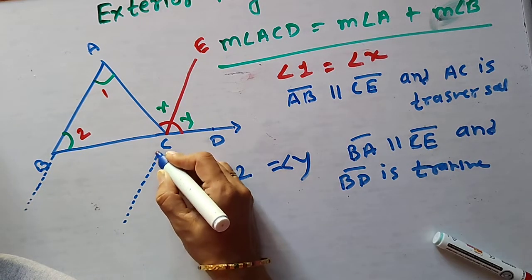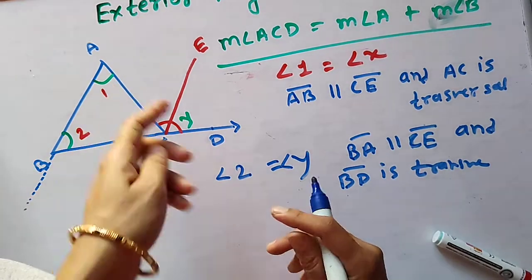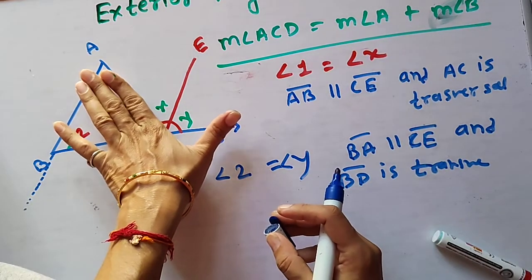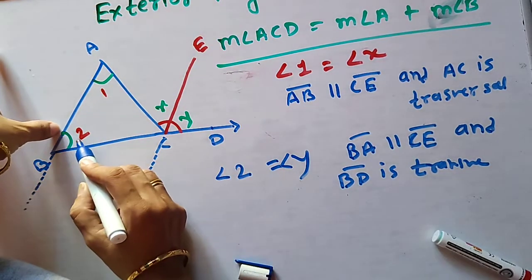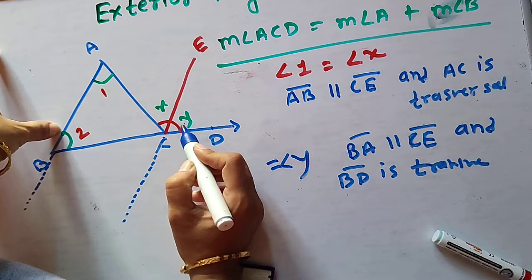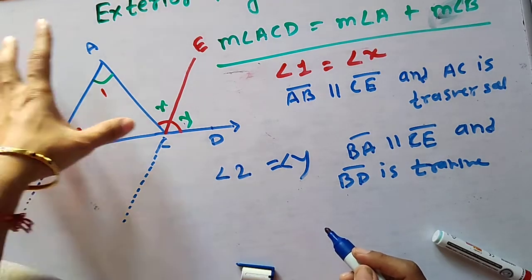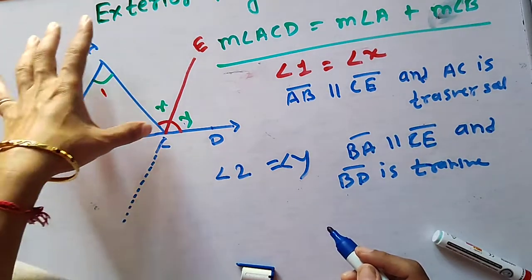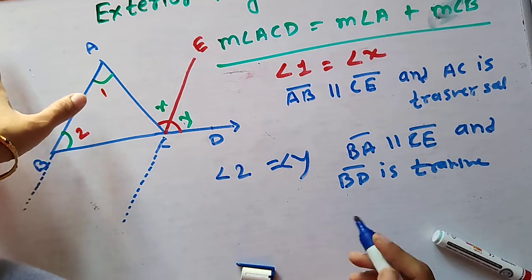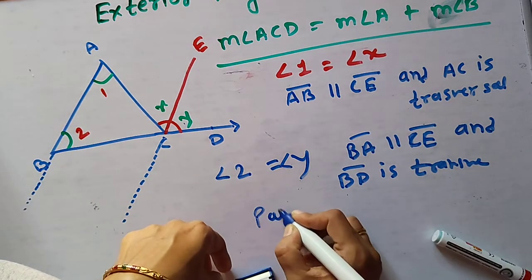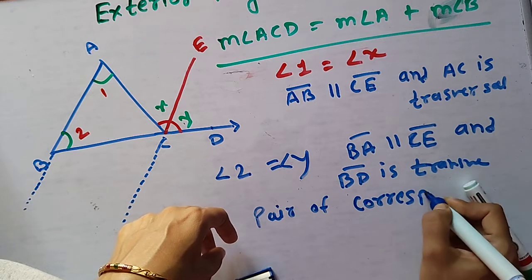Don't consider this line, see only these two lines. So here Y and 2 are a pair of corresponding angles, on the lines CE and AB, so they are equal.